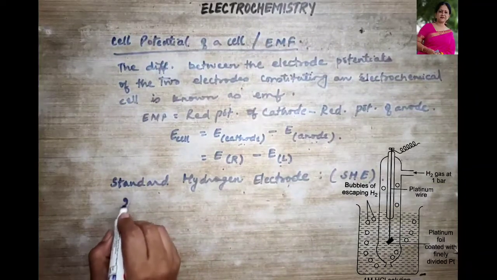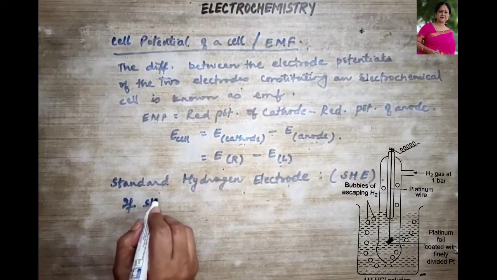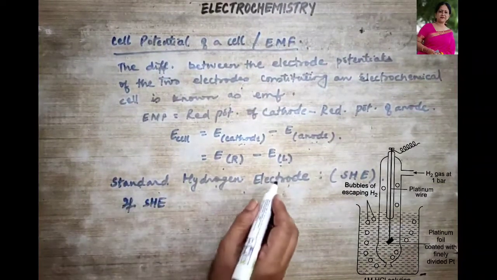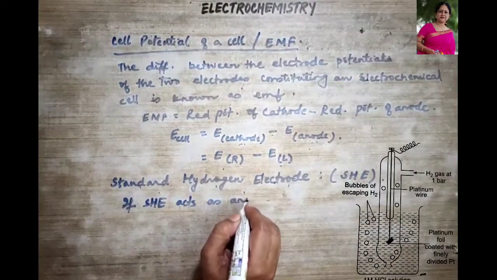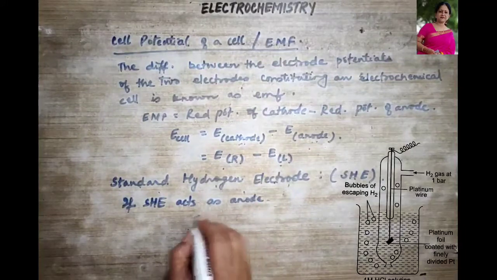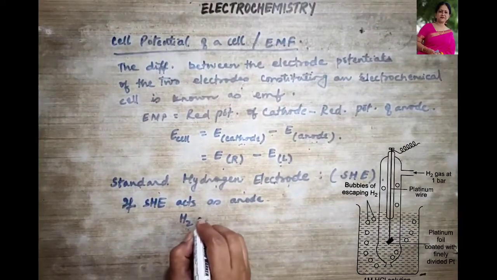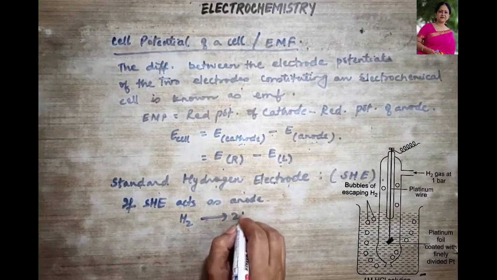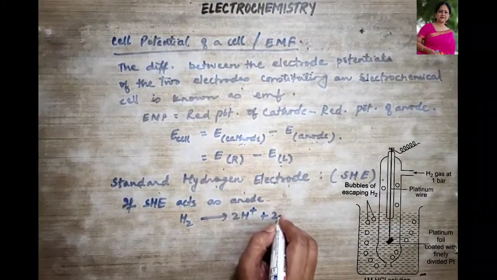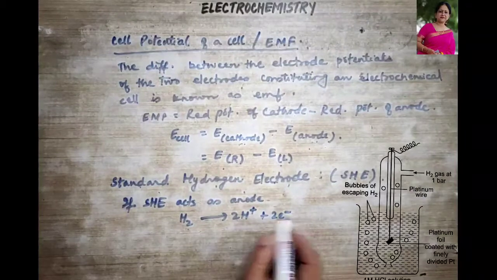Okay, if the SHE, that is the standard hydrogen electrode, acts as anode, right? So how is it going to show the reaction? Hydrogen is going to give 2 hydrogen ions by losing 2 electrons, okay?